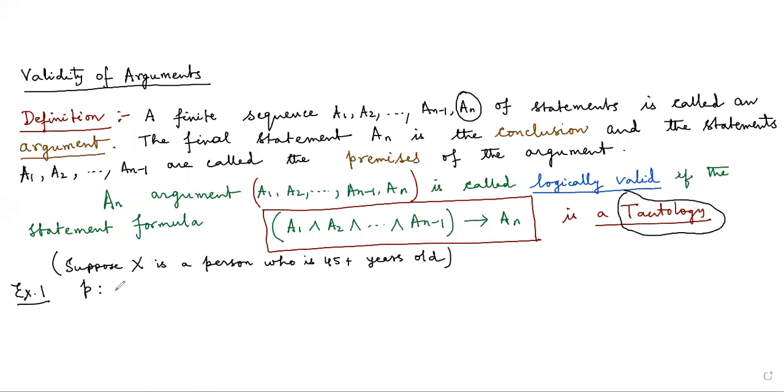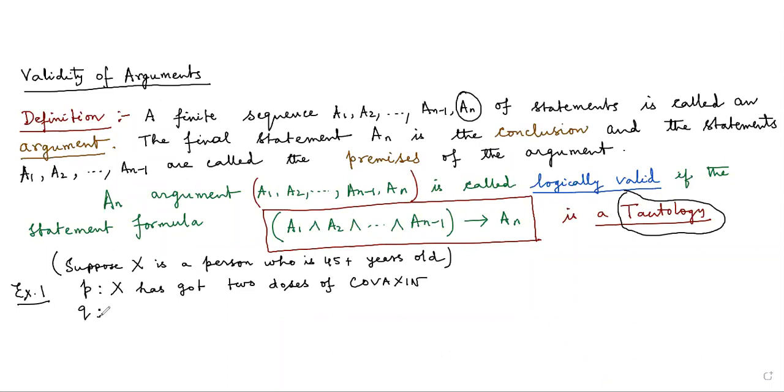Now my statement P is saying that the person X has got 2 doses of Covaxin.